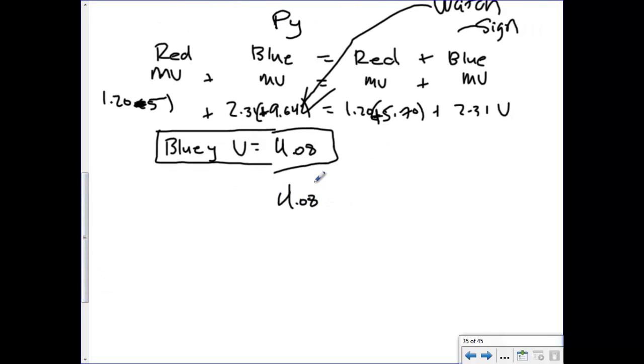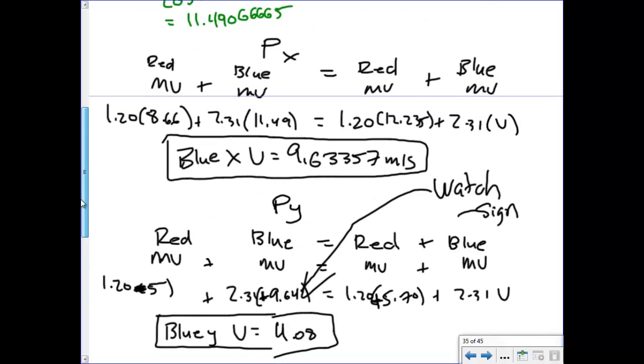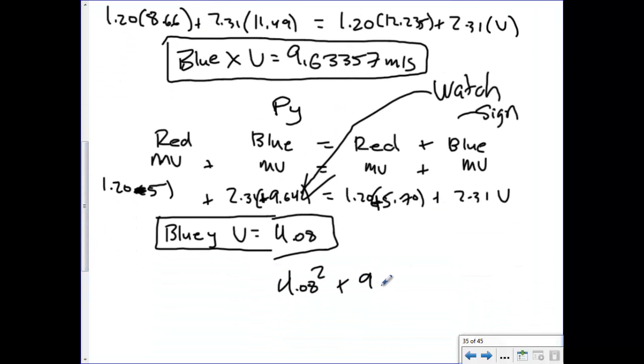So from there then, let's just see if I can answer. It'd be 4.08 squared plus 9.63 squared, all square rooted. So I got a final velocity of about 10.5.